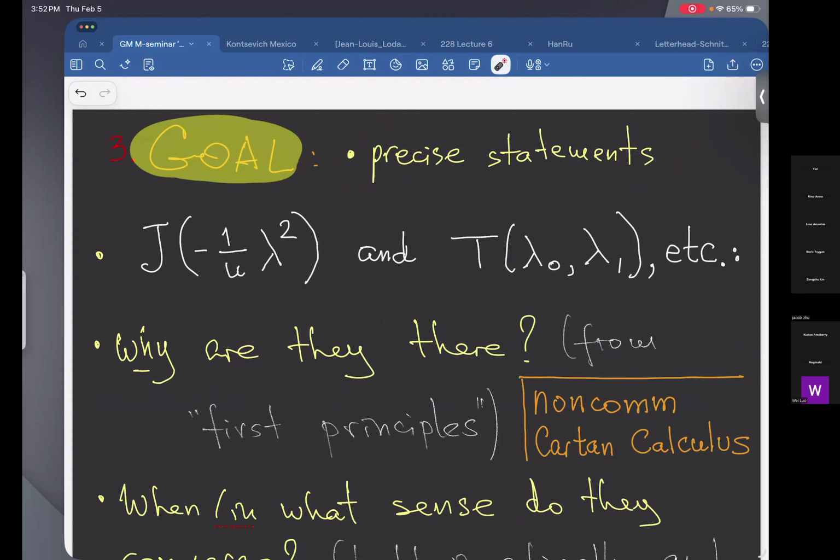For every odd derivation lambda, or you could say for every even derivation lambda square, and for every two odd derivations, I promise that I will construct some operators on the periodic cyclic complex with some algebraic properties.